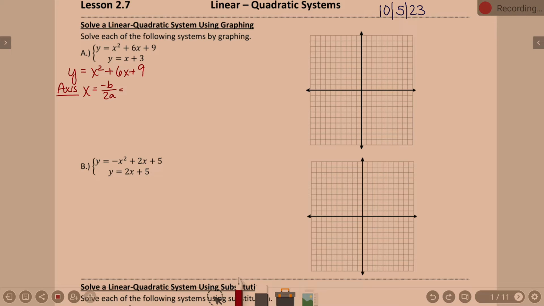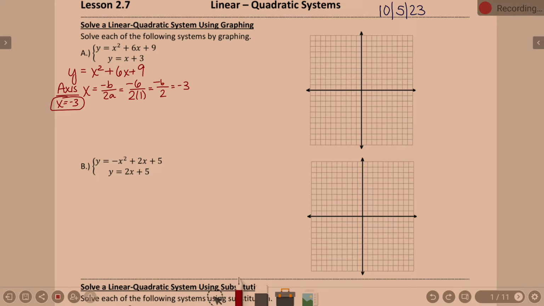So negative b is going to be what? Negative 6 over 2 times a. So negative 6 divided by 2 is negative 3. So our axis of symmetry is x equals negative 3.